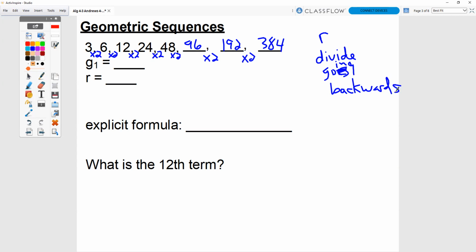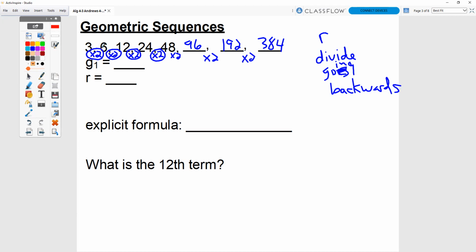Take your two terms, divide going backwards. 48 divided by 24 is 2. 24 divided by 12 is 2. 12 divided by 6 is 2. 6 divided by 3 is 2. Just be careful, because you're going to have them all mixed up later on in the chapter where you have both arithmetic and geometric. Just make sure that you are getting that same number each time. Otherwise, it's not geometric. Maybe it's arithmetic.